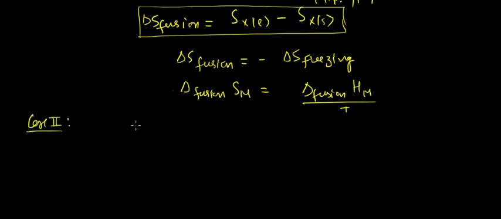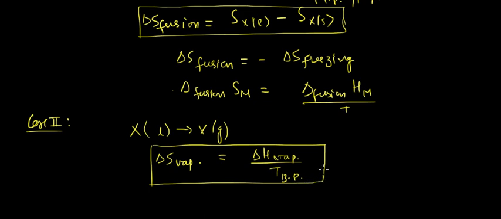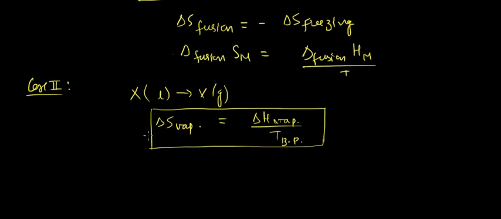Now let's see another case, which is case number 2. Suppose Xl is converting into Xg, so here delta S of vaporization can be written as delta H of vaporization upon temperature, or rather boiling point. This is the entropy of vaporization.